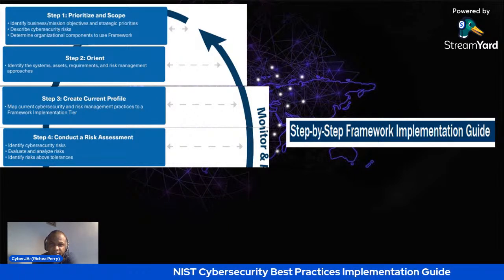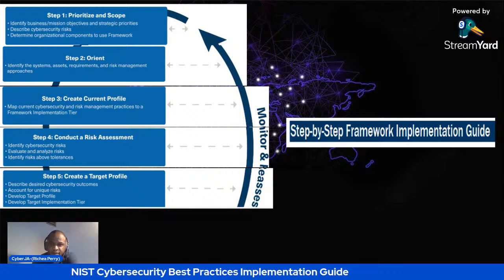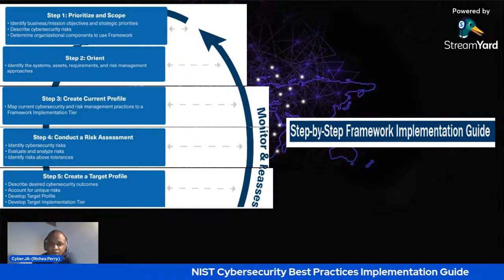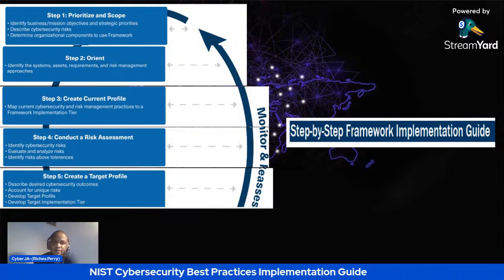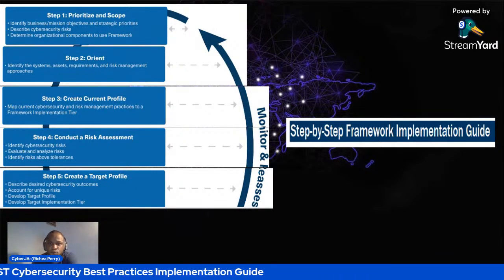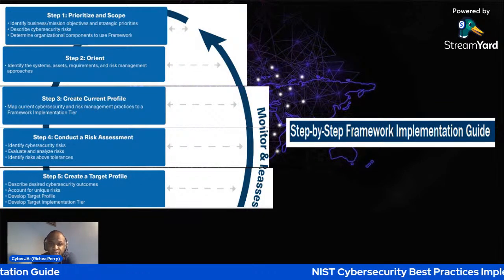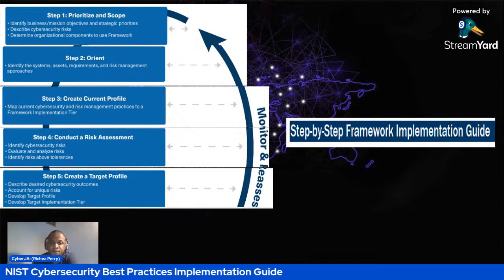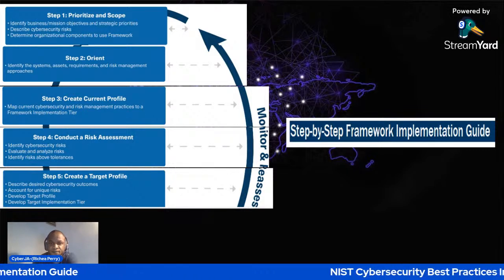The fifth best practice as it relates to the NIST Cybersecurity framework implementation is to create a target profile. In creating a target profile, the organization should consider the current risk management practices, current risk environment, legal and regulatory objectives, business and mission objectives, and organizational constraints.